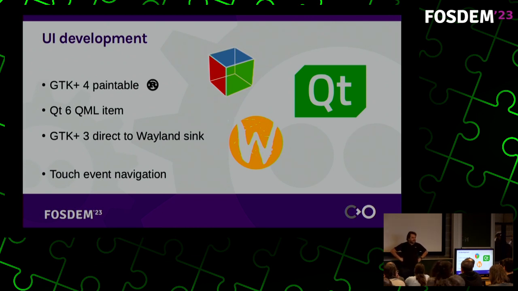This one is in Rust, which is kind of cool. Qt6 also is a thing, so we have something that's very similar to what we had for Qt5, which is a QML item, so that you can integrate a GStreamer sink, the output with Qt, and draw in your Qt application.